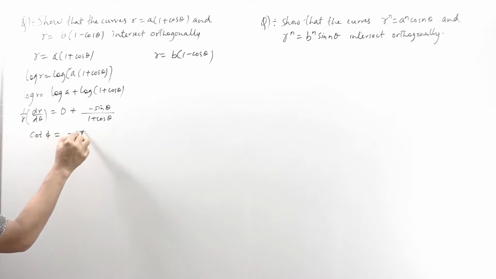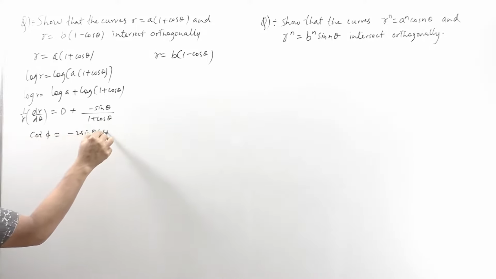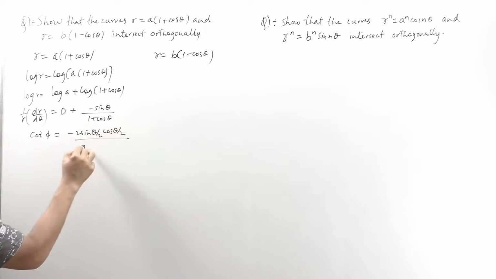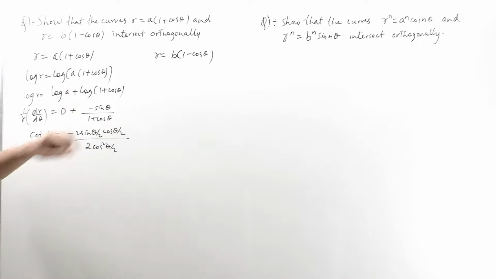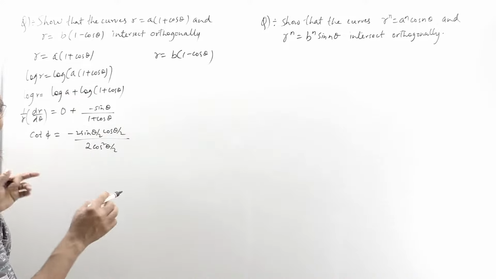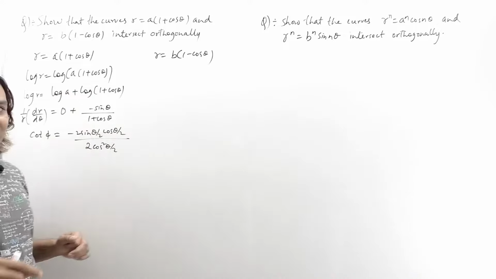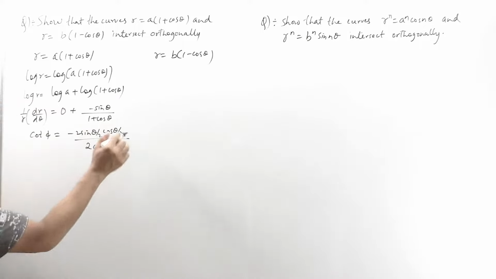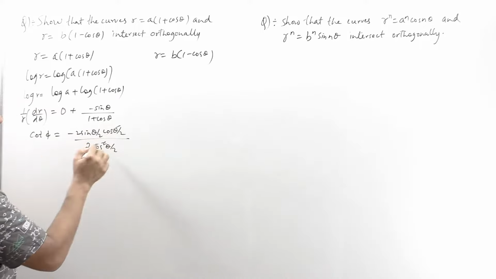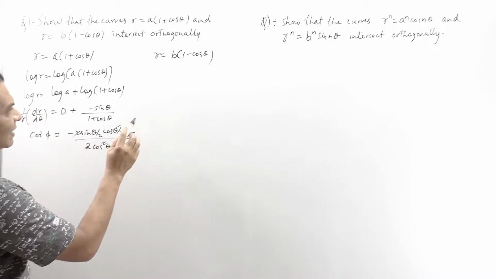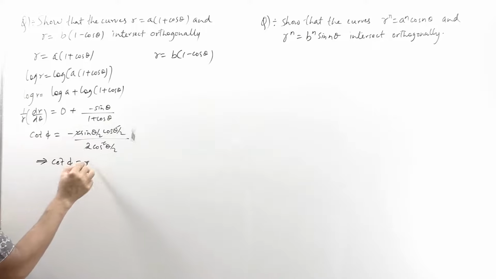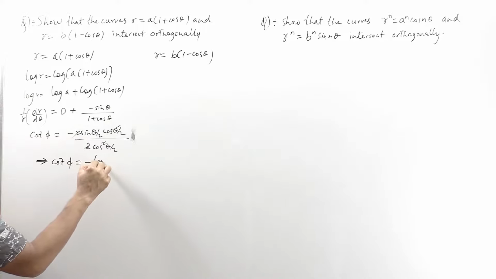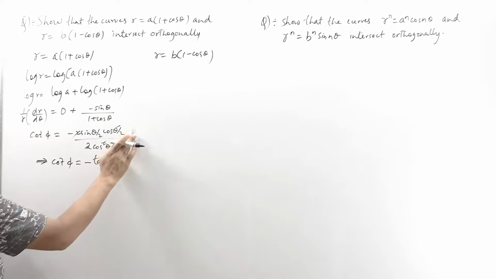Therefore, cot of phi is equal to minus 2 sin theta by 2 into cos of theta by 2 upon 2 cos square theta by 2. Again, refer to the formulas, because the formula for sin theta is 2 sin theta by 2 into cos theta by 2, and 1 plus cos theta is 2 cos square theta by 2. That means cos and cos cancel, 2 and 2 cancel, and we get cot of phi is equal to minus tan theta by 2.